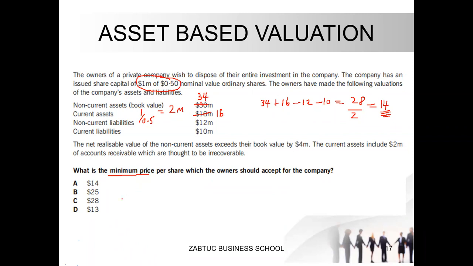You see how tricky the exam can be. We walk out of the exam, we felt, yeah, this was very easy. I hope we have learned something. We have learned how to find the value of equity using the asset method. Okay, good.